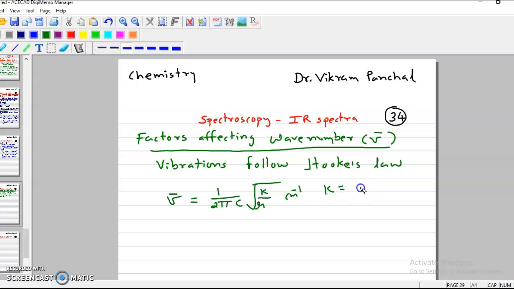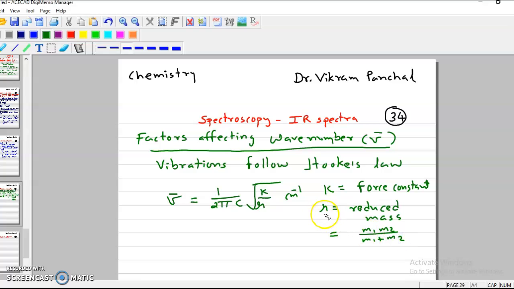K is known as force constant. You will derive this equation in physical chemistry, molecular spectra. And mu is not something else, but it is called reduced mass. And mu is equal to m1 m2 upon m1 plus m2.